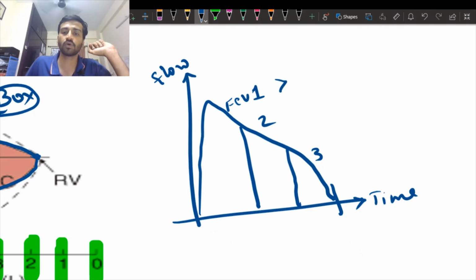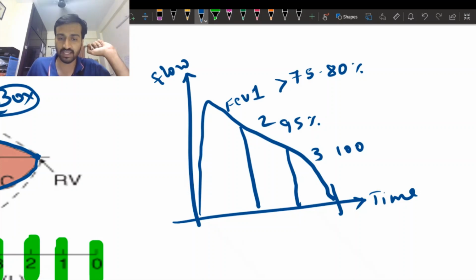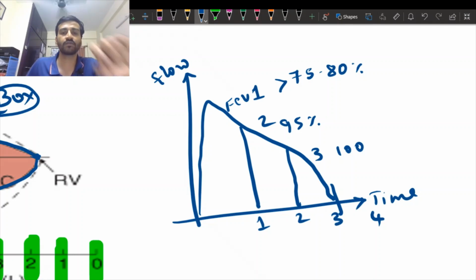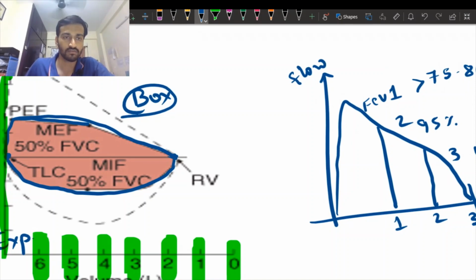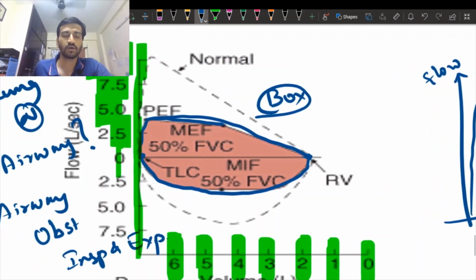This should be more than 75 to 80%. This should be 95% around. This should be 100. So the time is moving on the x-axis, it will be 1, 2, 3, and 4. This is how you differentiate between the FEV and FVC curve versus the flow volume curves.